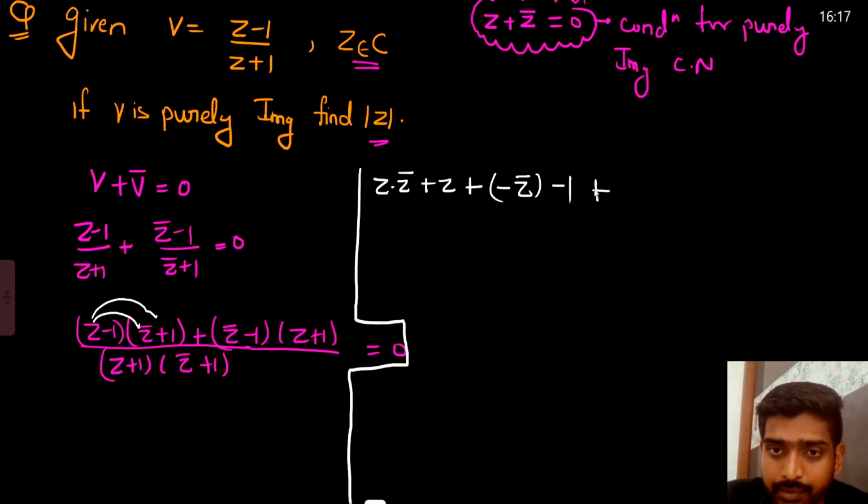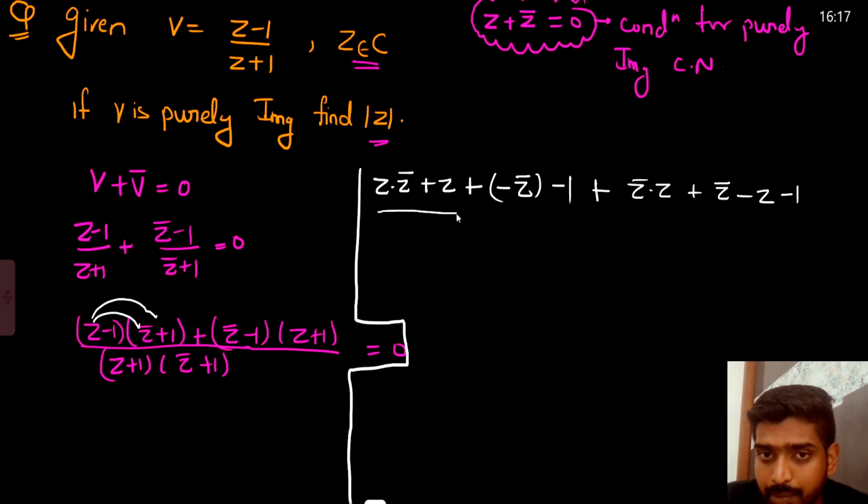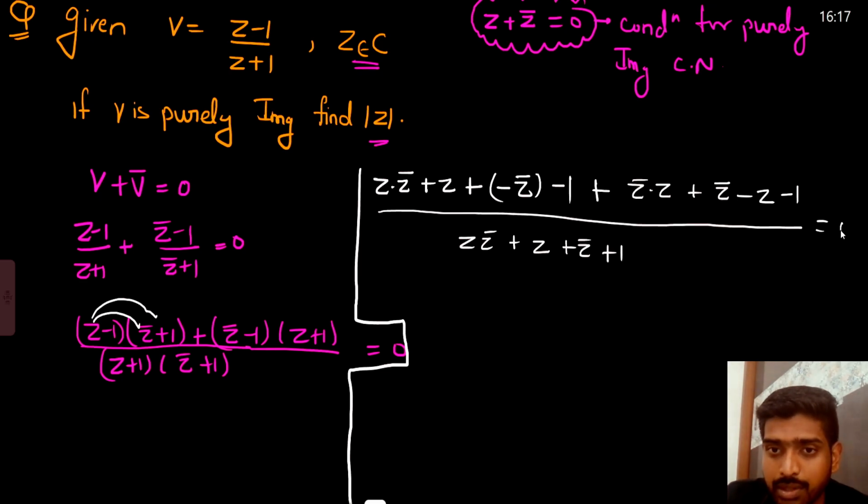Plus from here, the same: conjugate of z multiplied by z will come as the first term, plus conjugate of z into 1 is the second term, minus z, minus 1, is equal to 0. Got it? Now we'll send the denominator to that side, so it will be 0. From here we'll see if anything is getting cancelled.